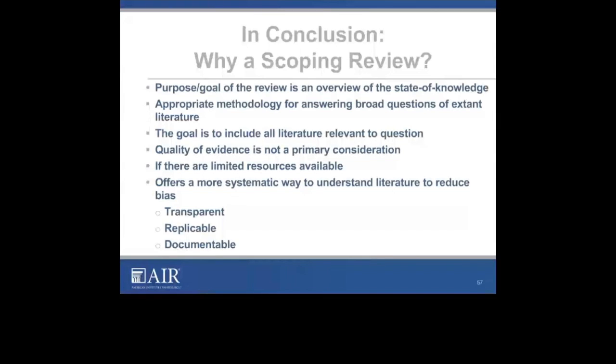I would argue the last point, though, that's the critical one, and it is this: that a scoping review that's done in a systematic way, that has a systematic methodology, is transparent, replicable, and documentable. And in those three buzzwords of the systematic family of systematic review, those are the ways that we sort of enlighten, if you please, our peers, our colleagues.